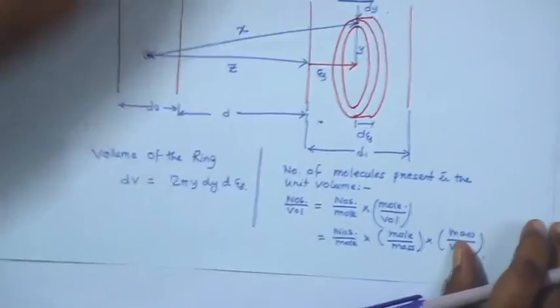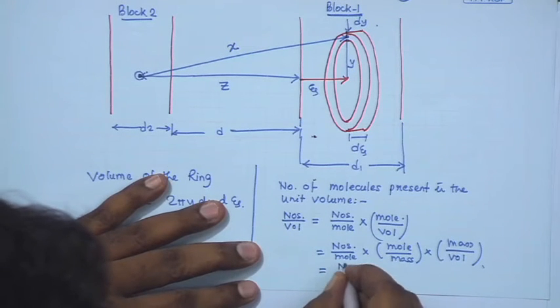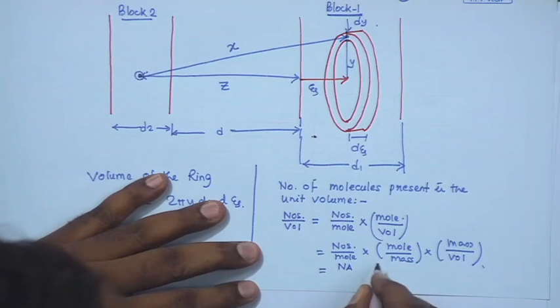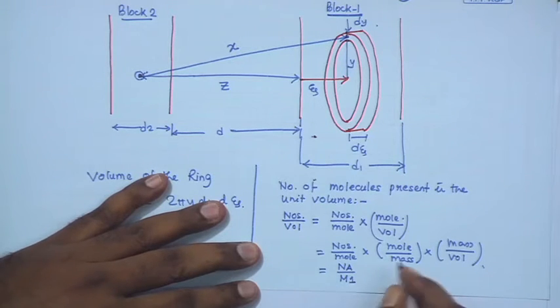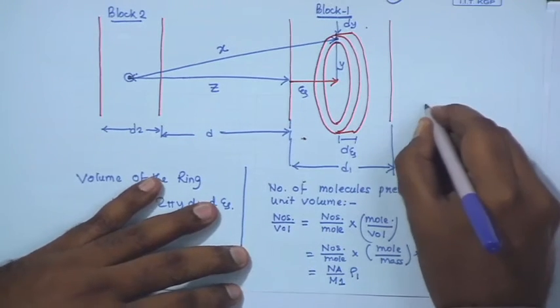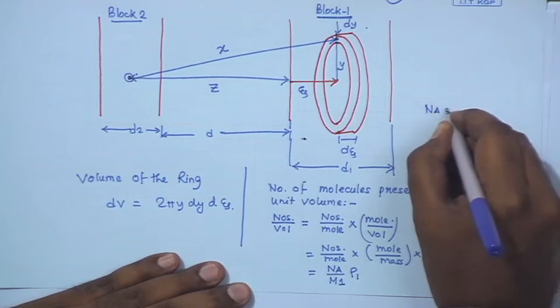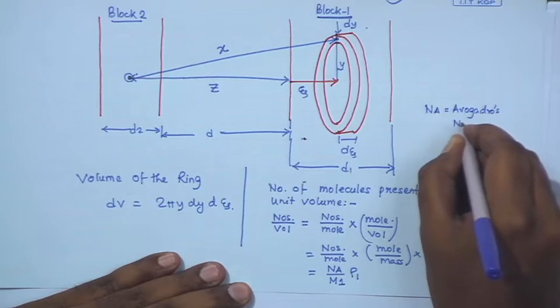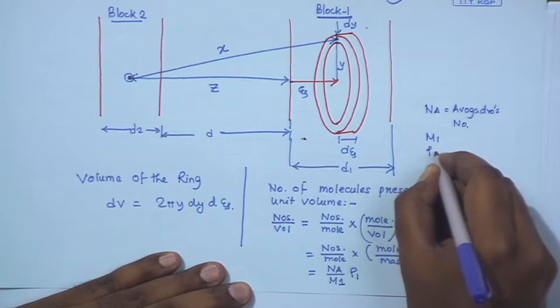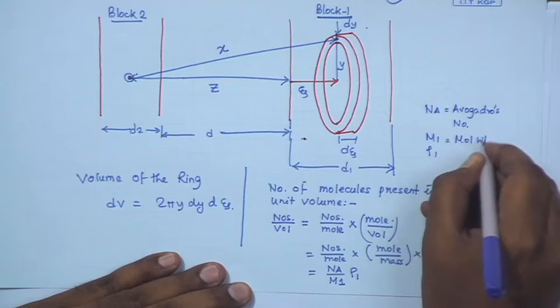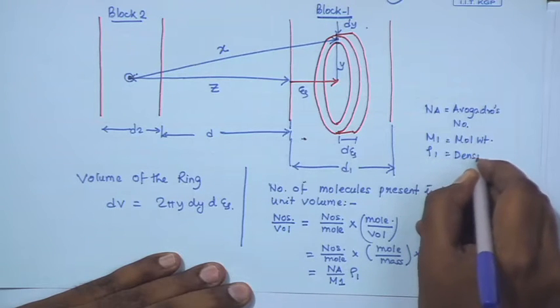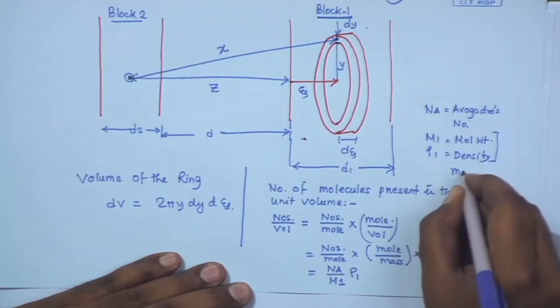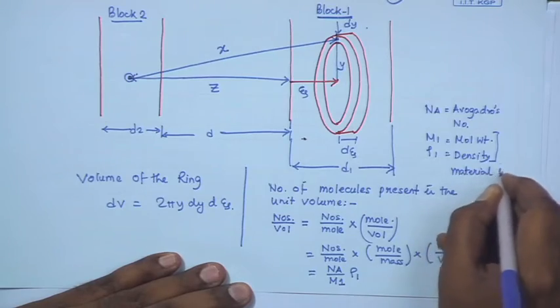It turns out, in fact, Na by M1 into rho 1, where Na is the Avogadro number, and m1 and rho 1 are the molecular weight and density of material 1. Okay. So, this is known.